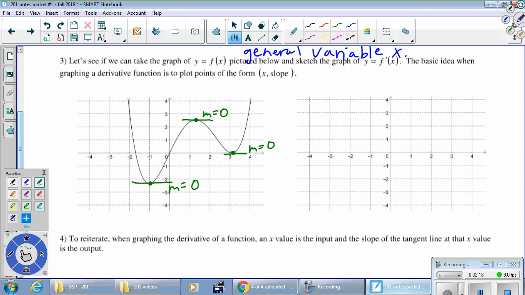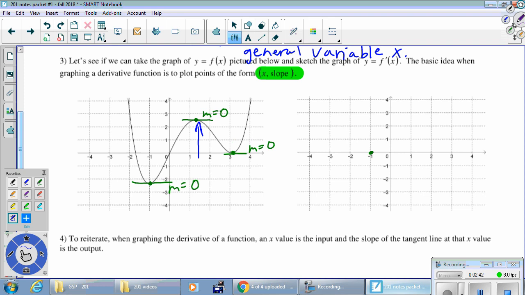So we're going to start plotting points over here. Remember, the points are supposed to have the form x comma slope. So I'm going to copy the same x as before. So this x right here is -1, and then comma the slope 0. -1, 0 is the first point that I'm plotting over here. Same deal here, x comma slope.